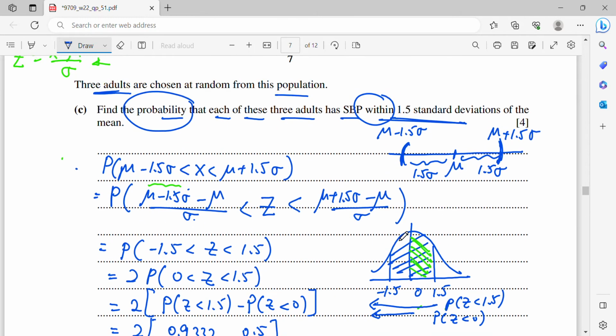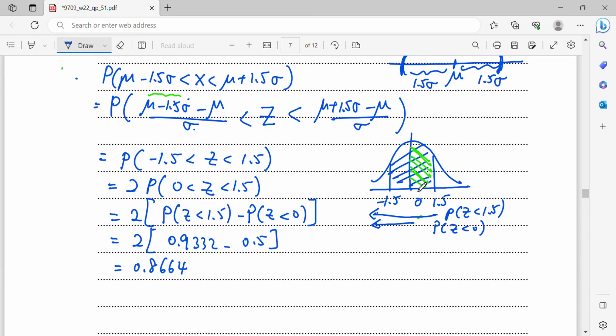But then the question says 3 adults. Alright, so now these 3 adults are, I would say, independent. So when independent, we need to count the probability using multiplication. So it will be 0.8664 multiplied 3 times.